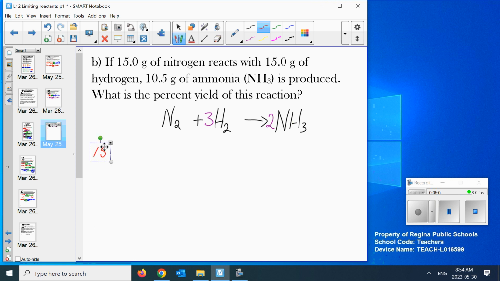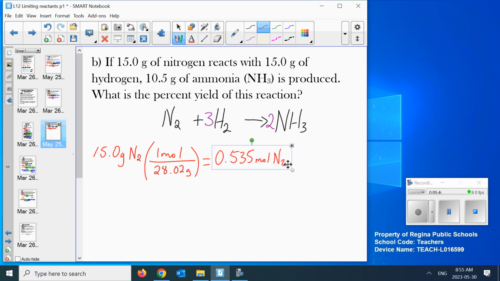15 grams of nitrogen. Nitrogen on the periodic table is 14.01, so N2 is 28. Toss that into a calculator. 15 divided by 28 is 0.535.